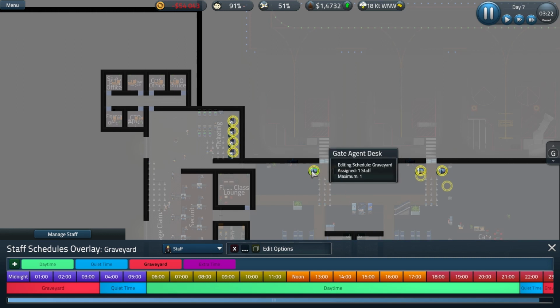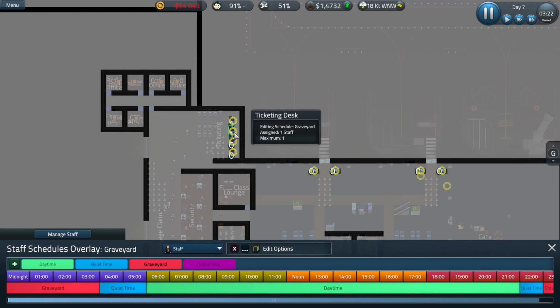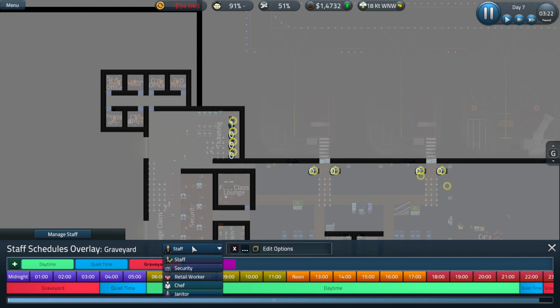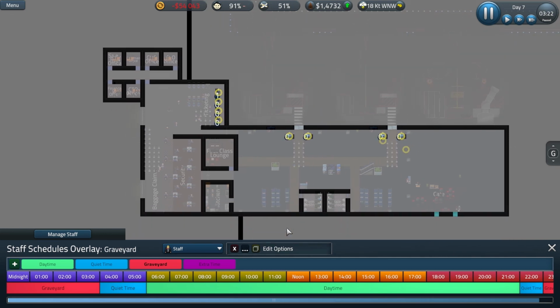And during the graveyard shift, let's not have any of our gate agents around, and it should be good enough that we only have 1 ticketing agent on site. That means the other guys can go home, spend time with their families, and we obviously end up paying less in the way of wages. Right, that's what our staff schedule looks like.